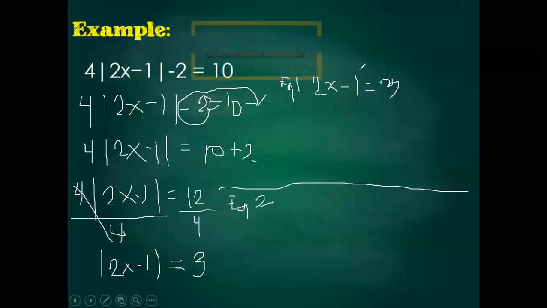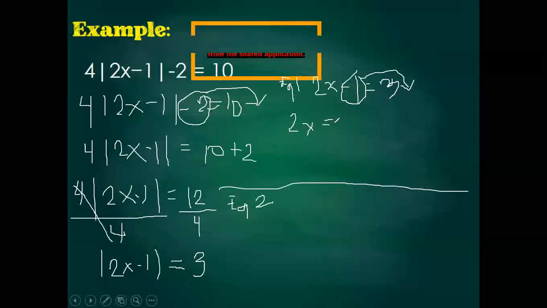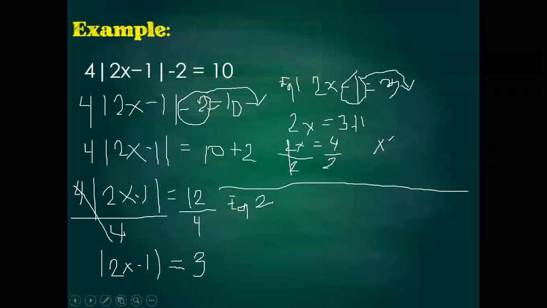So find the value of x, transpose negative 1 to the other side. So 2x equals 3 plus 1. So 2x, 3 plus 1, 4. Divide both sides by 2. Cancel. So x equals 2.